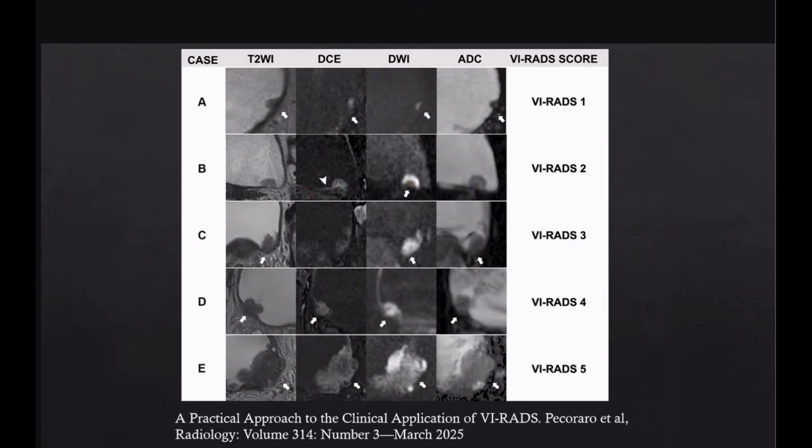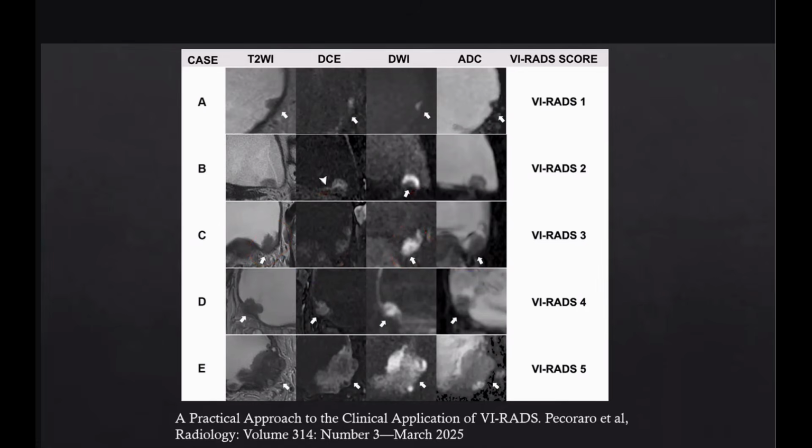We don't have any enhancing layer, as you can see here. We don't have any cleft or hypointense layer deep to the mass in the diffusion weighted image, as you can see here. So the mass is very close to the muscular layer. So this one is equivocal muscular invasion. As you can see here, it's very close to the muscular layer of the urinary bladder.